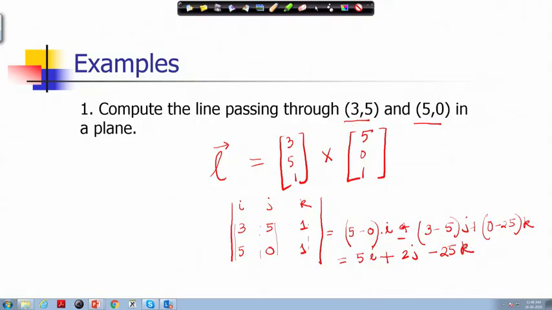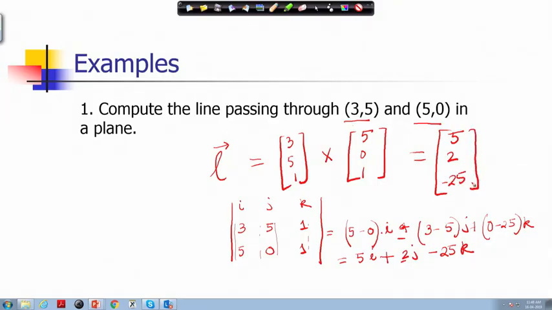I hope my computation is correct. Let me see with the result and you should also verify it. So, finally, this line is represented by a vector, as you can see: 5, 2 and minus 25.